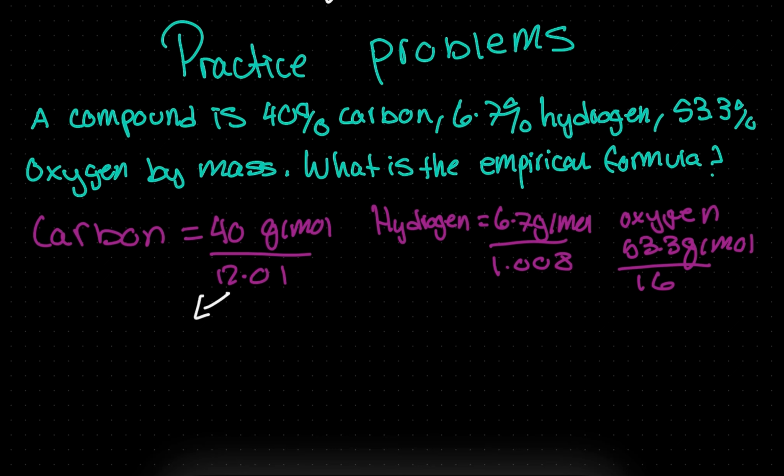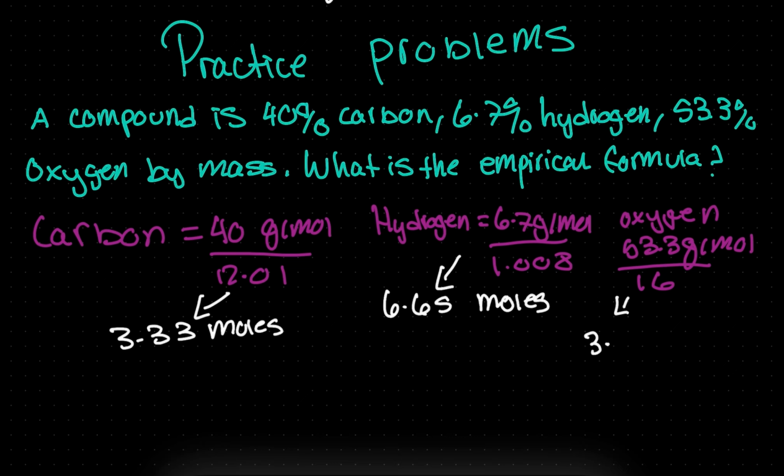So, what will we get for this? For carbon's moles, we get 3.33 moles. For hydrogen's moles, we would get 6.65 moles. And for oxygen's moles, we would get 3.33 moles. So, what was the next step? The next step was to divide the moles of each element by the smallest one. Well, look here.